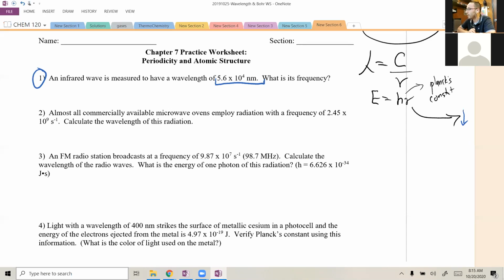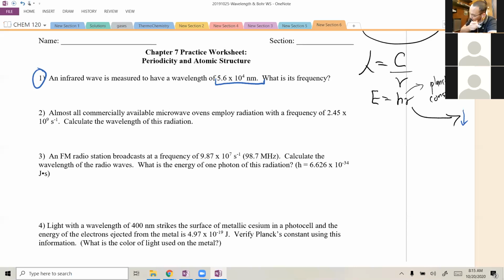Frequency, right? And so which equation do we want to be thinking about, if we have the wavelength and we want to get to frequency? Is it the speed of light divided by the wavelength?